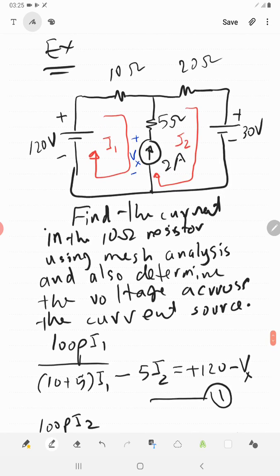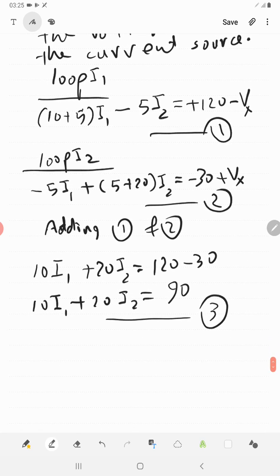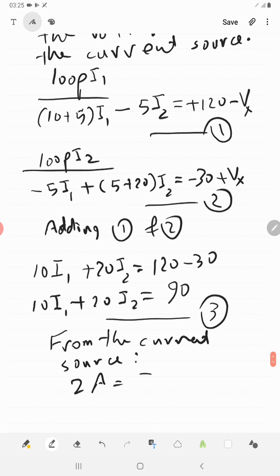If you look at the current source, we have a current here, 2 amps. 2 amps in the same direction of I2, and it is the opposite direction of I1. So what we can say here, from the current source, we have 2 amps is equal I2 minus I1, right?